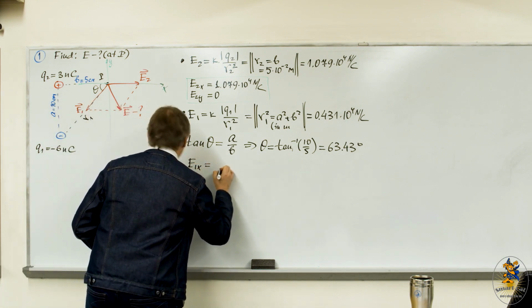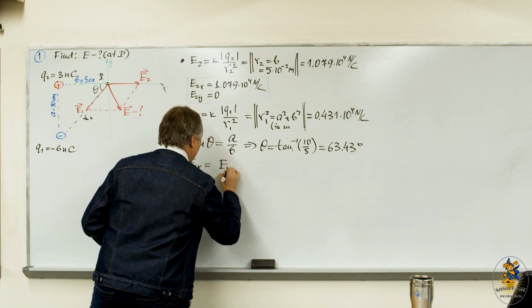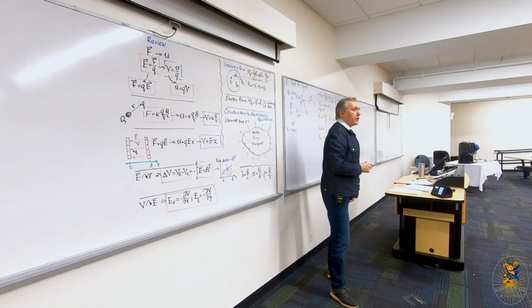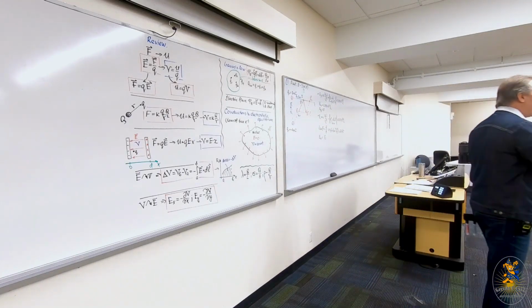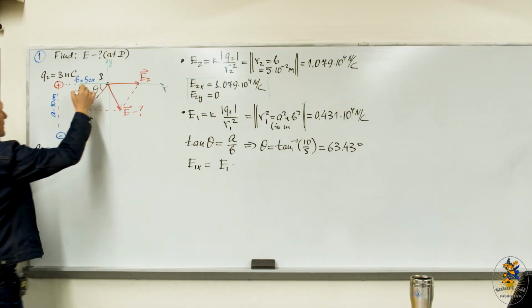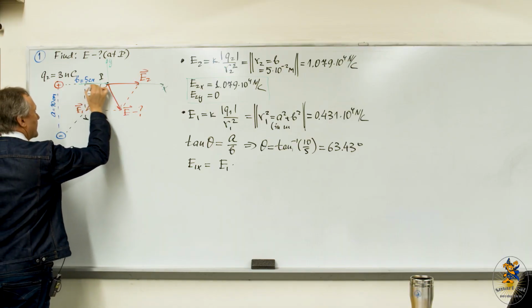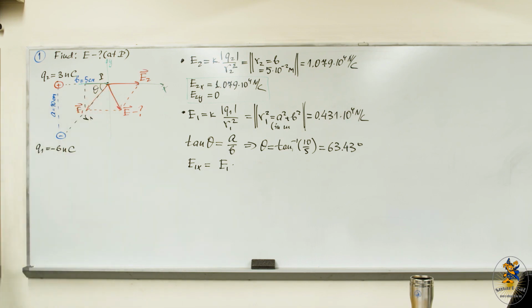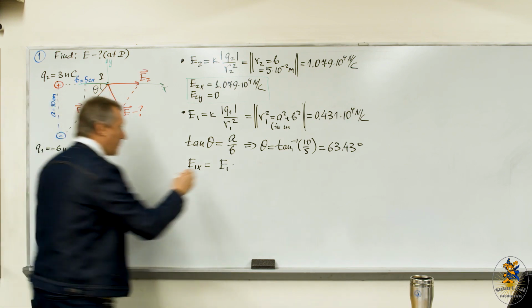So now we can find components. E1x equals E1 times, which function do we have to use? Cosine. We need to find this side which is adjacent to the chosen angle, so cosine.